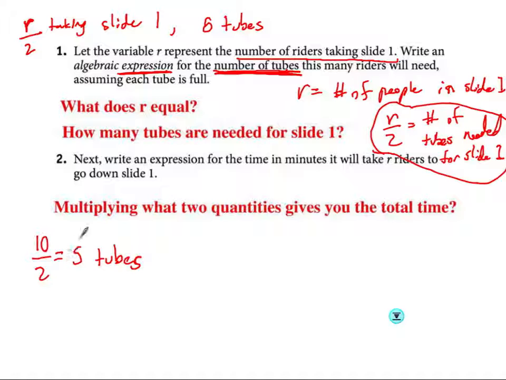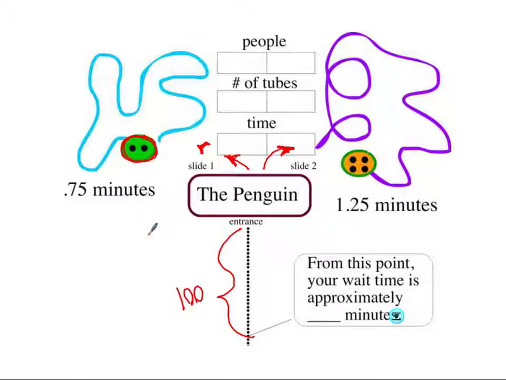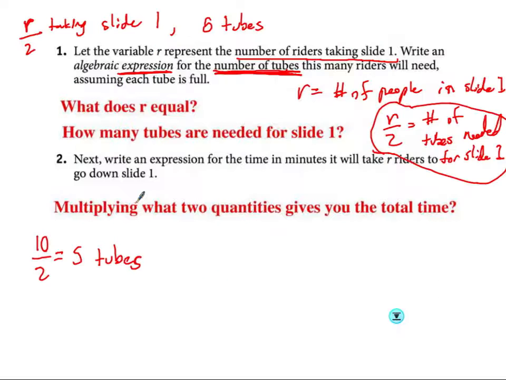Now, if we have 5 tubes going down the slide, remember from our chart, it takes 0.75 minutes for each tube to go down the slide. So all we have to do is take the number of tubes and multiply it by the time it takes a single tube to go down, and that's going to give me the total time for all those tubes to go down.